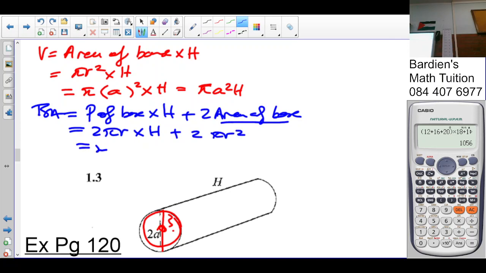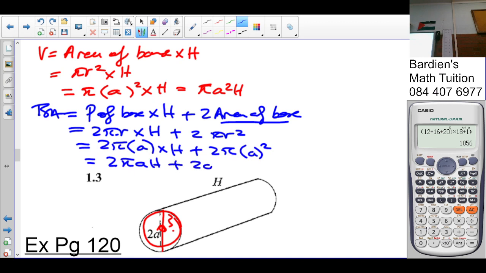So it's 2 pi times a times h plus 2 pi a squared. So that is simply 2 pi a h plus 2 pi a squared. Okay.